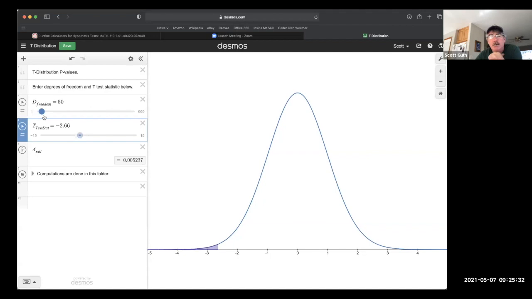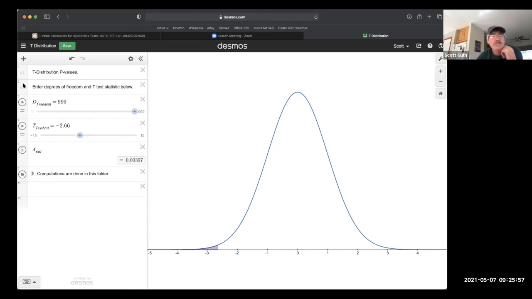But you go up to 30 degrees of freedom, and after about 30, the distribution stops changing because you're effectively doing a normal curve. So going back to 999, there it is, 0.00397. We had gotten 0.0035, which is close.